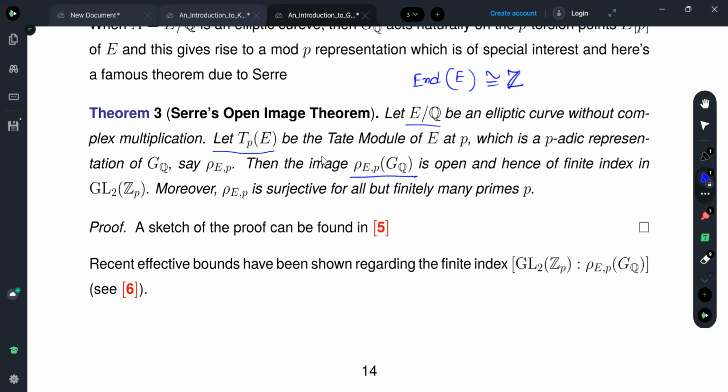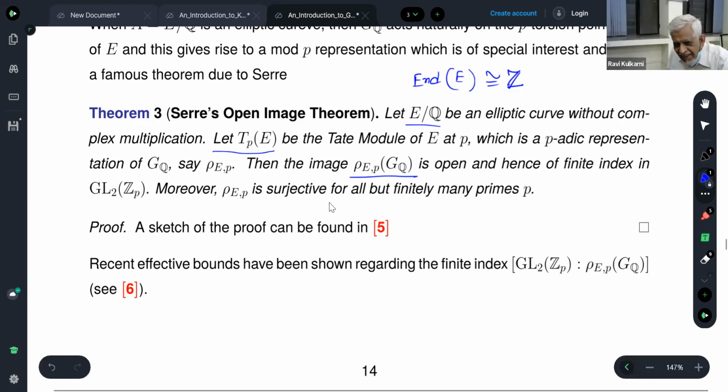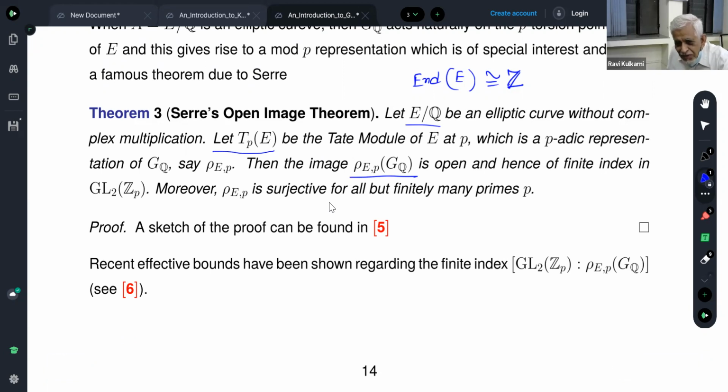Now, it's for all but finitely many primes. It's easy to prove this general theorem, but to have any investigation of how finite, what finite, then no.